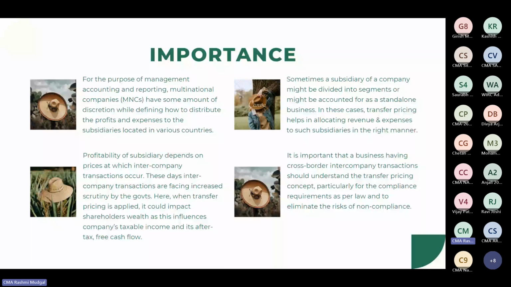So if a company wants to pay less tax, they can definitely shift profit from the parent company or from their subsidiary company. To remove this, transfer pricing comes in.